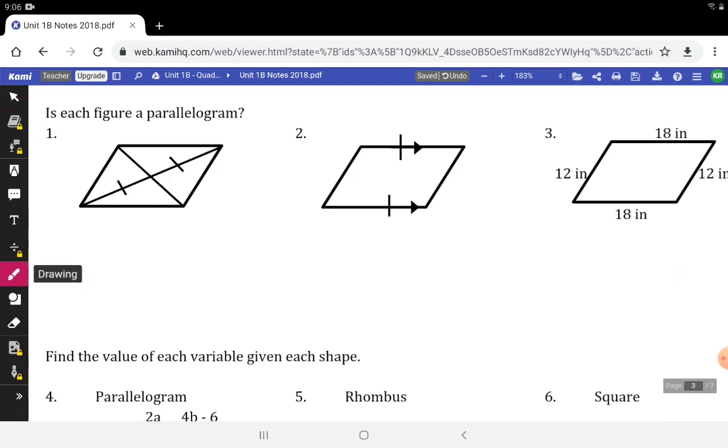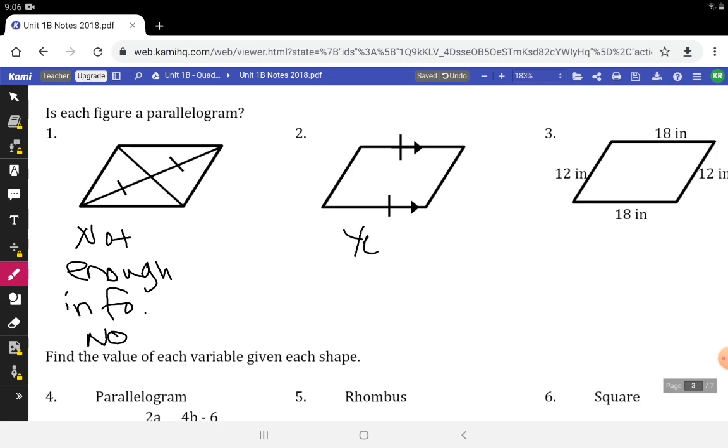For example number 1, it's hard to tell whether or not this figure is a parallelogram. We do see that one diagonal is bisected, but the other isn't. So we have to say no, because there's not enough info. For number 2, we see that we have one pair of opposite sides that is congruent and parallel.